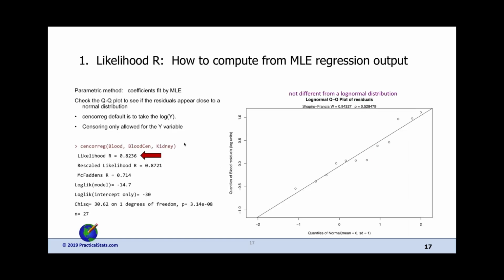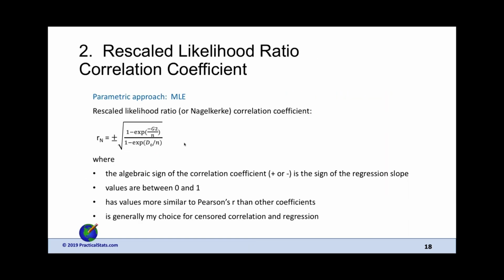So there's been a modification to it. This is called, and I'll come back to that other slide, the rescaled likelihood ratio correlation coefficient, or by the name Nagelkerke, the person that developed it. It's just taking that same likelihood ratio correlation coefficient and dividing it by its maximum. And so that will be limited to be between plus and minus 1.